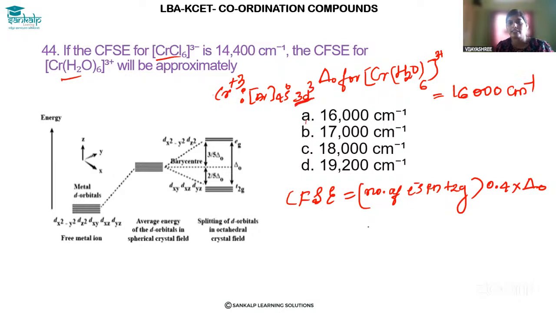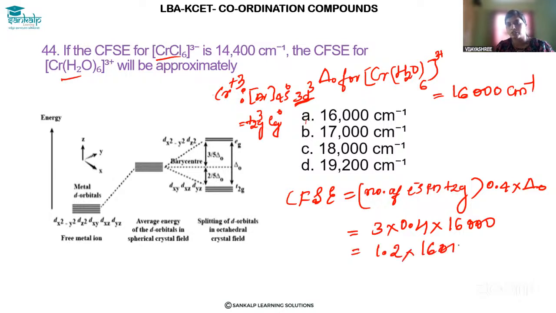So for the d3 complex, I have already written the electronic configuration, which is t2g3 eg0. So it will be 3 into 0.4 into delta naught. Delta naught for Cr(H2O)6 3+ is 16,000 per centimeter, which is equal to 1.2 into 16,000.